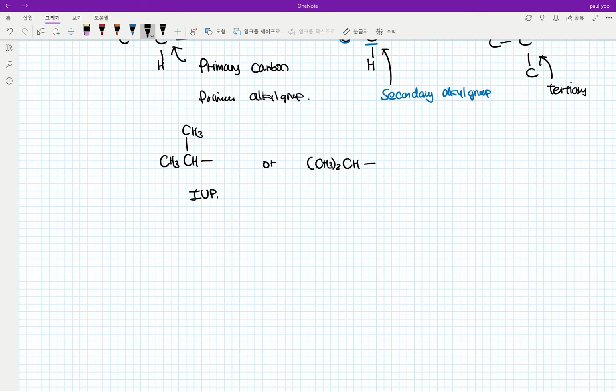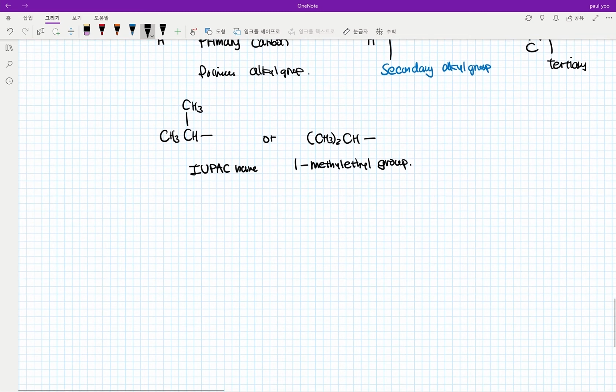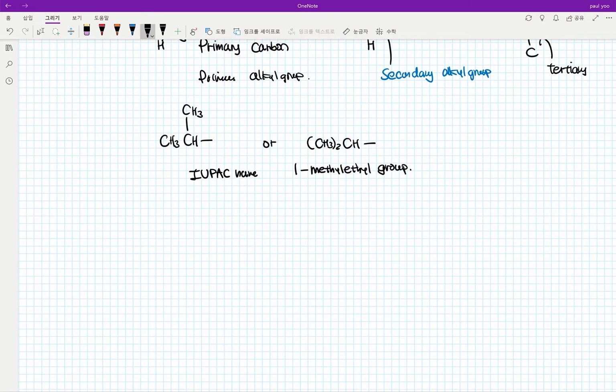IUPAC name of the 1-methylethyl group. Let's talk about how it is methyl ethyl. So let's say this is where you're given maybe a parent chain. We usually use the letter R to represent a parent chain, and you have CH3 CH attached to it.